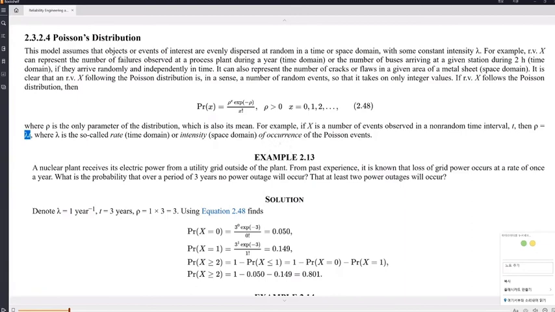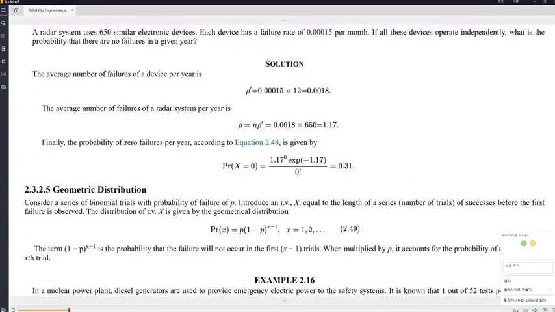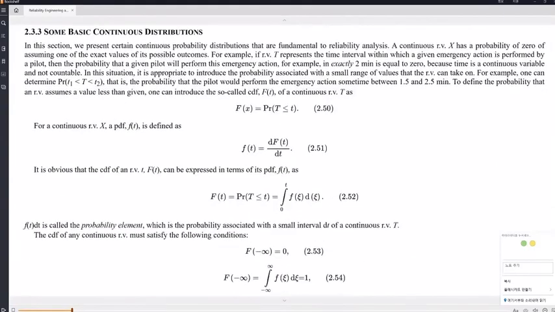We already covered the geometric distribution, and we are going to start continuous distributions.